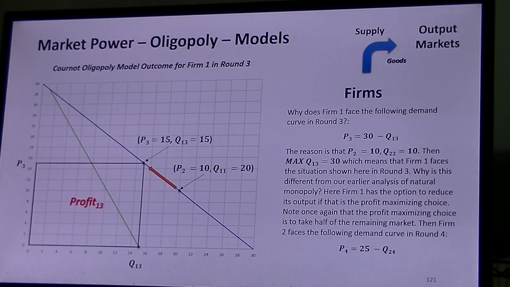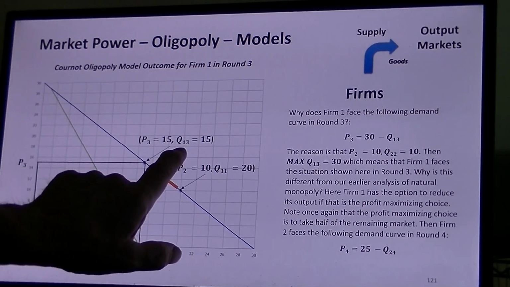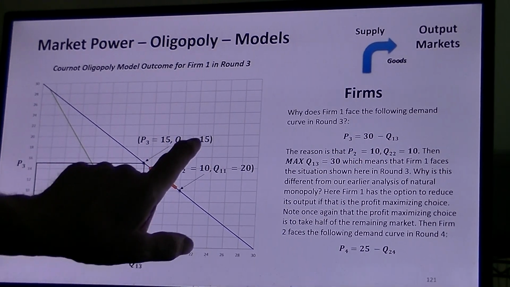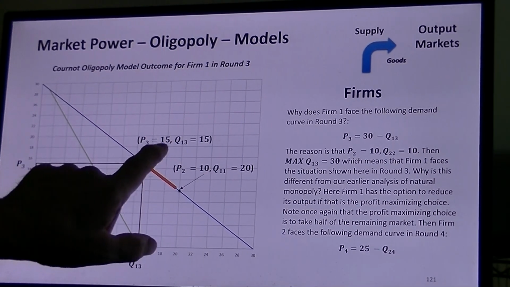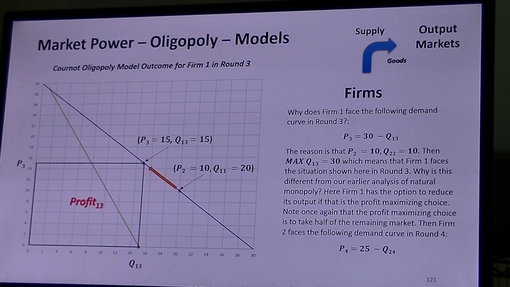So it's higher than the price that firm 2 had as a result of its output when it entered the market. So now firm 1's output in round 3 is 15. The price in round 3 is 15. So that price has moved up.